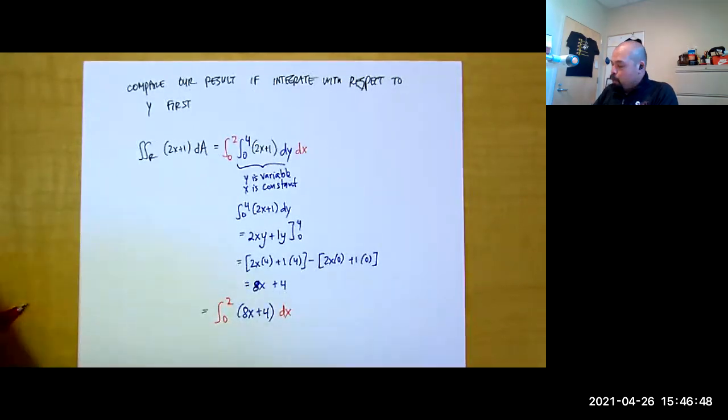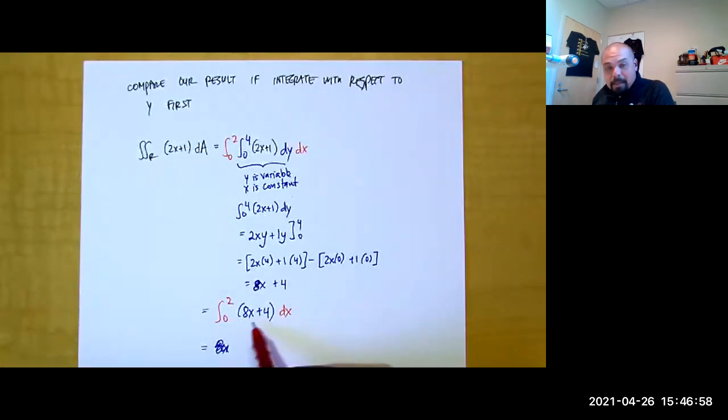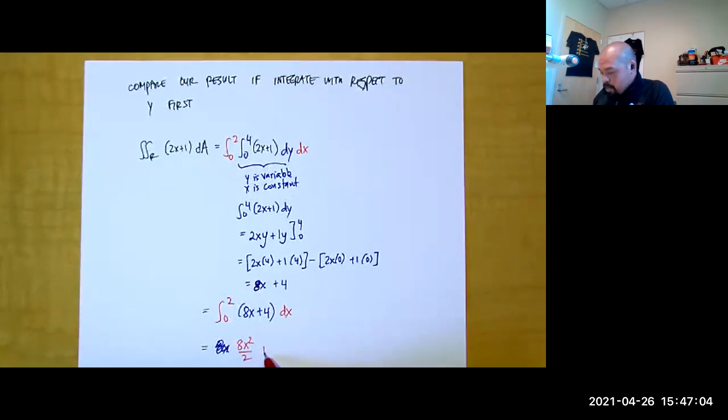So then when we start to compute, right, our power rule again, 8x becomes 8x squared over 2, or 4x squared, sorry, going too fast in my head.